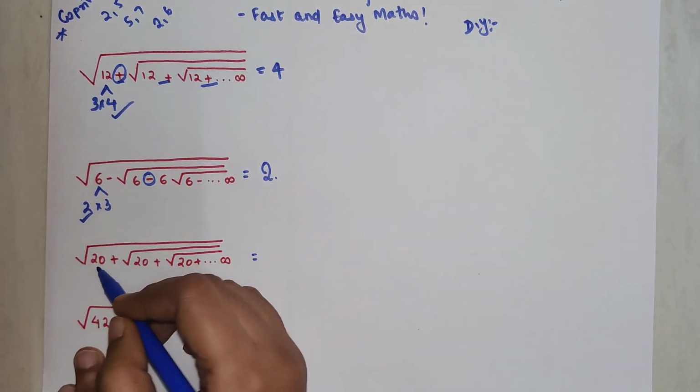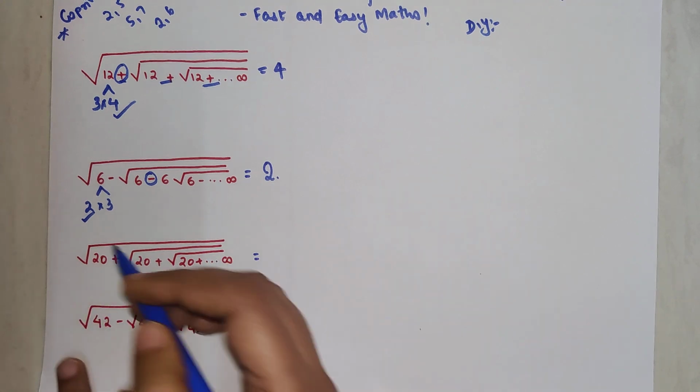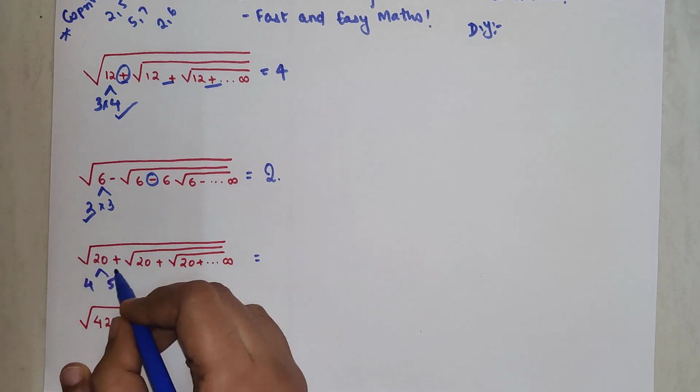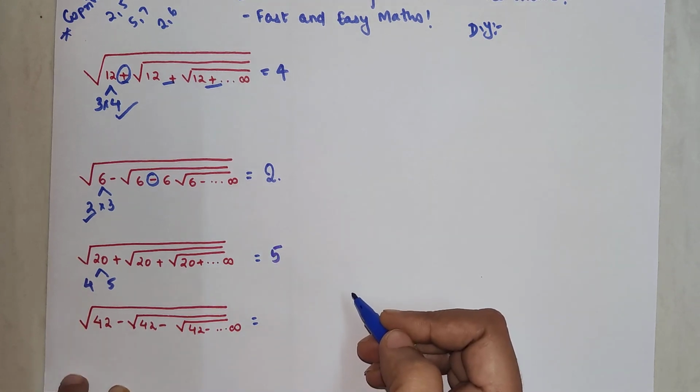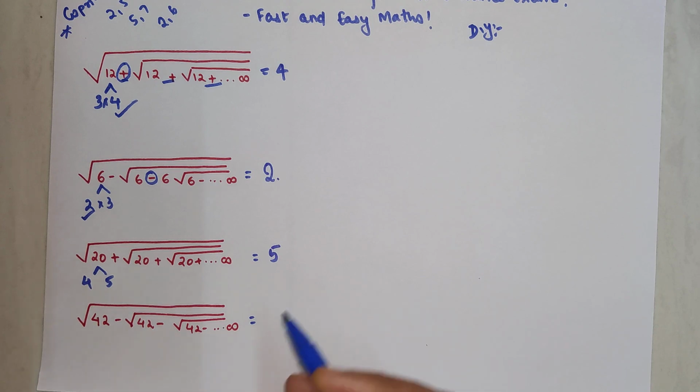Again, 20, so you cannot write 2 into 10, right? Because 2 is a factor of 10. So here we can write 4 and 5. The sign over here is positive, so we'll take the bigger value, so the answer is 5. Here, now understand, this can be written as 2 into 21 and many other factors, 3 into 14, right?